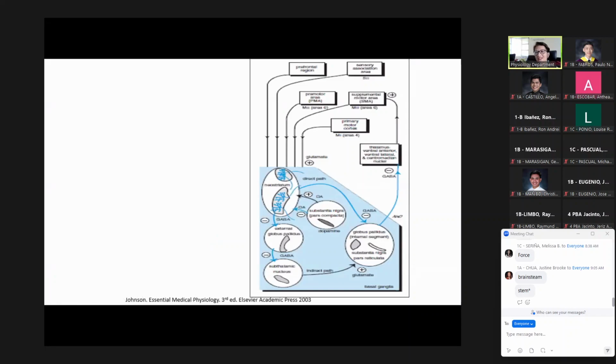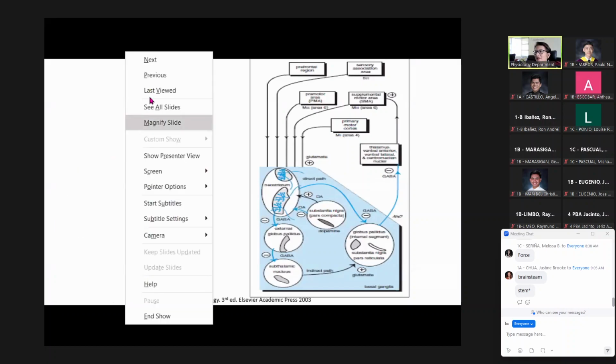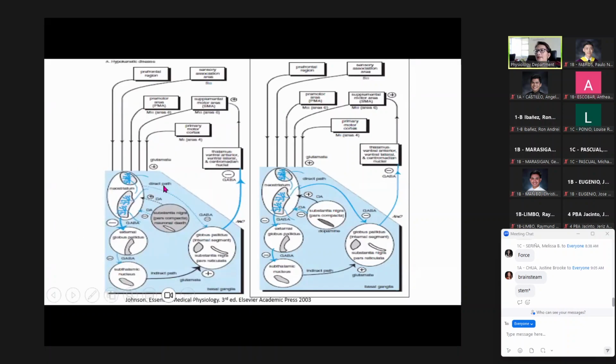Spot the differences in the two diagrams. Tingnan niyo yung mga differences dito. Look at, for example, ano ba nangyari dito? Ayun yung direct pathway nabura. Nabura yung direct pathway.